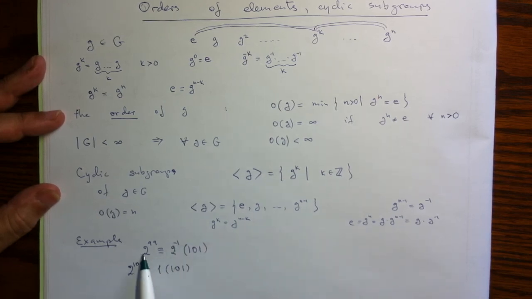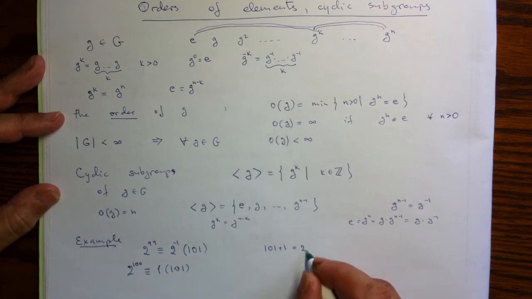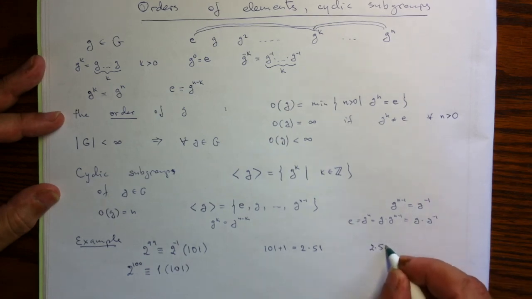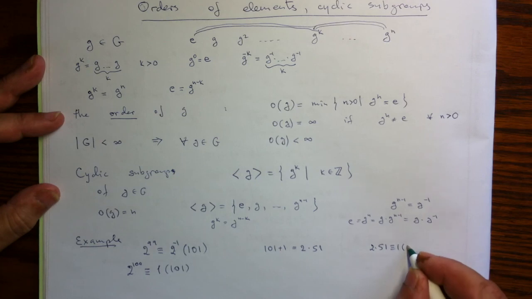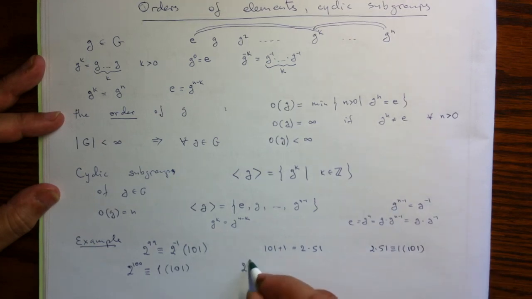Inverting 2 is usually easier than raising it to this rather big power. So to invert 2, we can really take 101, add 1 to it, because that's what we want to get as a product of 2 and what? Should it be 51? So that says that 51 is the inverse of 2 modulo 101. And so we have our answer. The 99th power is quickly coming down to 51 modulo 101.